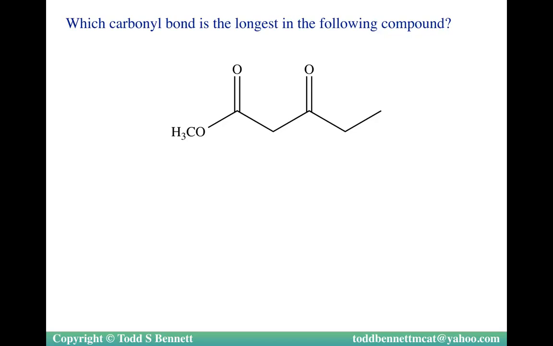Which carbonyl bond is the longest in the following compounds? So once again, a question that can be looked at through resonance. This pi bond here has no lone pairs that can donate in. There's no lone pair here to donate in, no lone pair here. But this OCH3 of this ester at the end, I'm going to draw the lone pair here.